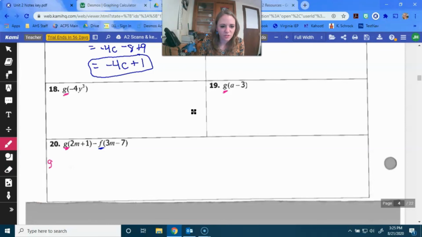So g of 2m plus 1 will equal, oh yeah, 2m plus 1 squared and then minus 5.